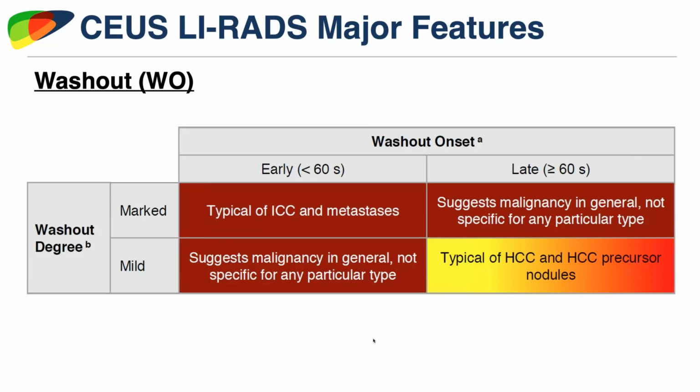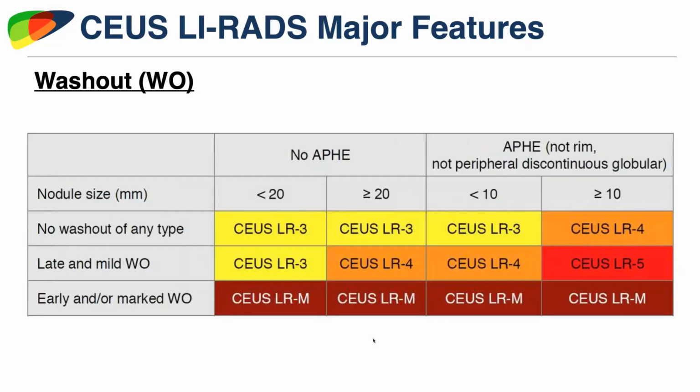So this just puts that same information in a diagram form, but I think what's more helpful is to consider an adjunct to the normal chart that we're used to seeing with the no APHE and rim APHE columns based on size, keeping in mind that we're always looking for either early or marked washout, which automatically push that observation to LR-M.